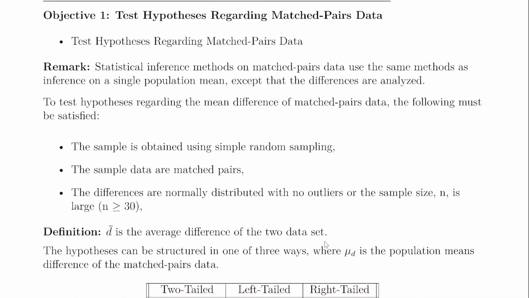All right, so this one is a little bit different because we're not going to be computing the mean of each group. What we want to do is compute the difference of each pair, because if we're doing before and after, we don't care about the before score or the after score. We just want to see how much of an improvement or disimprovement you had.